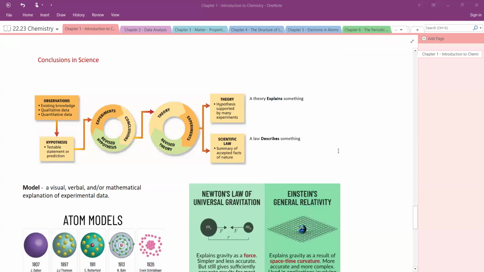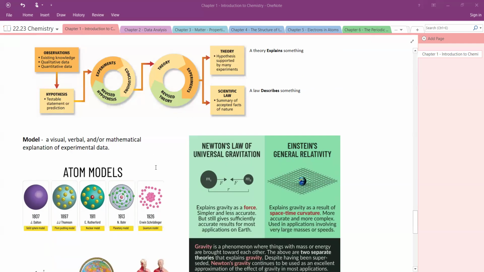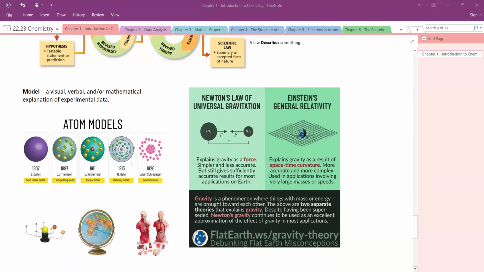Now, as part of this, often scientists create models. These are representations of a phenomenon. They can be visual, verbal, mathematical, any other way you can think of, but they are trying to represent that system on paper. For example, here you can see several different models. I have models of the atom, and you can see this is just a visual description of how people thought about the atom over the course of history.